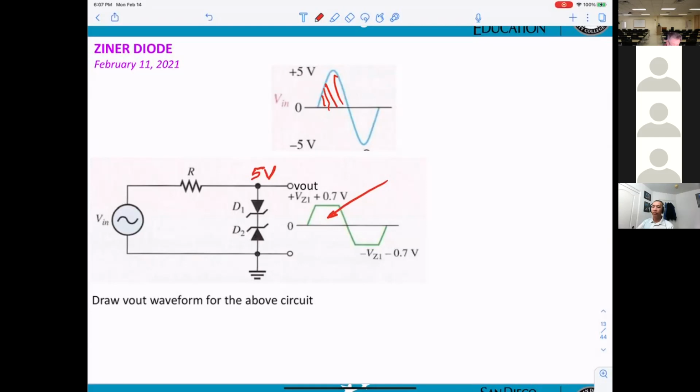Which one breaks down, D1 or D2? D2. Correct. D2 breakdown. D1 will be in normal operation.